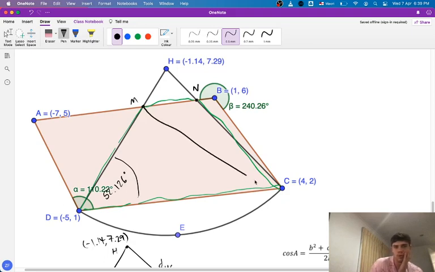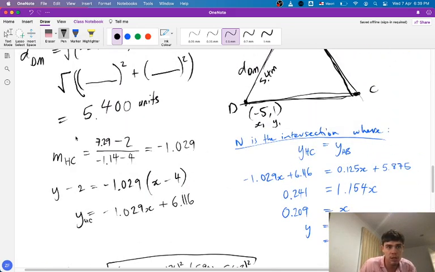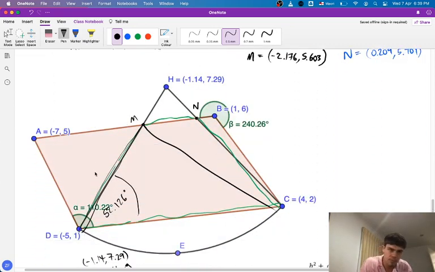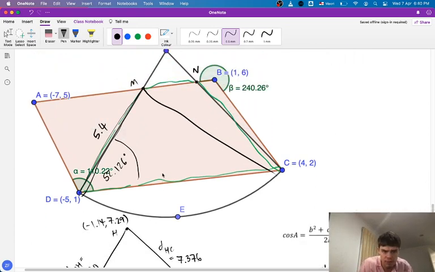Now, when we draw this line in here, let's pretend that they just met over there, and we have this distance from before, the distance of D to M. Let's grab that from before. Distance of D to M, it was 5.4. So this is 5.4 units. So we've got this distance. We didn't find the distance of D to C. Oh yes, we did. 9.055. So we've got distance, and an angle.